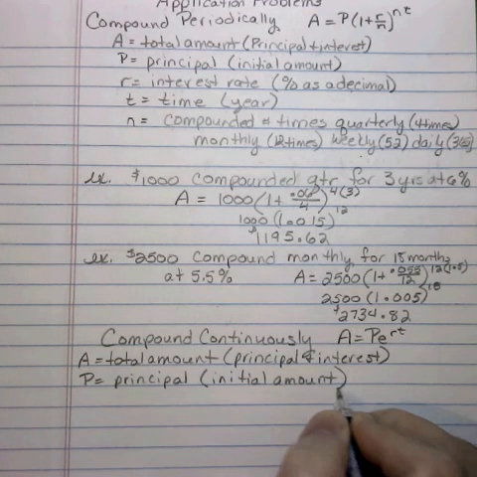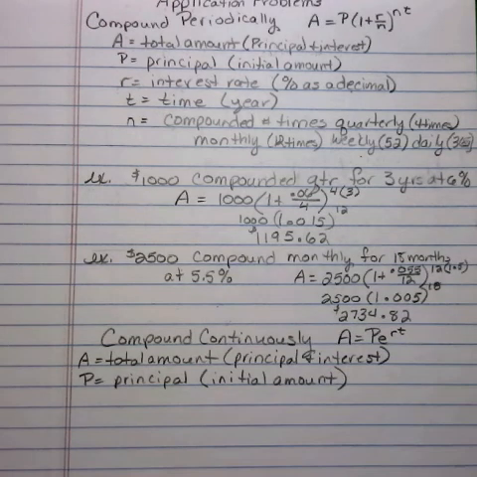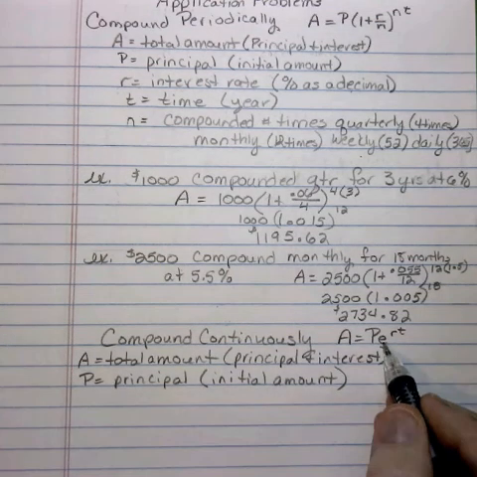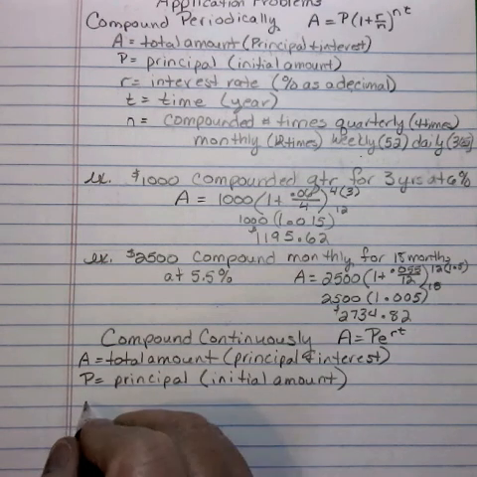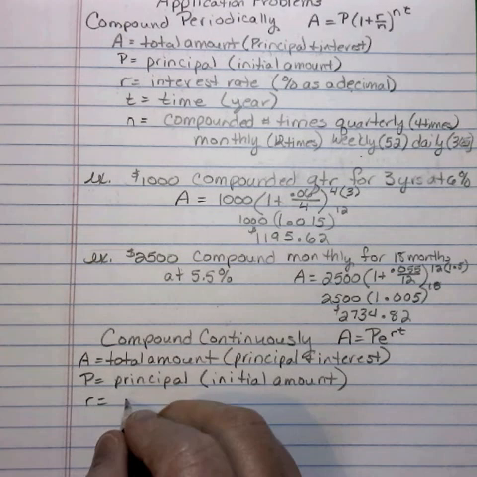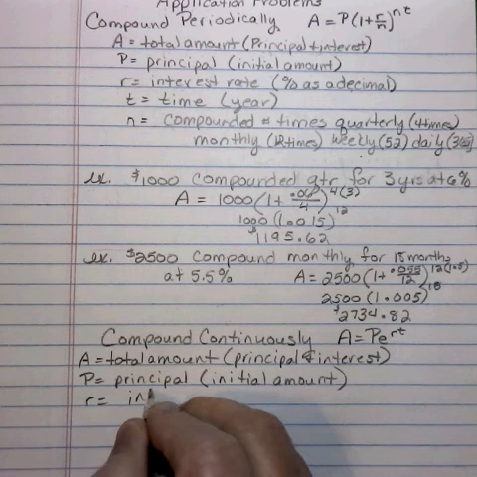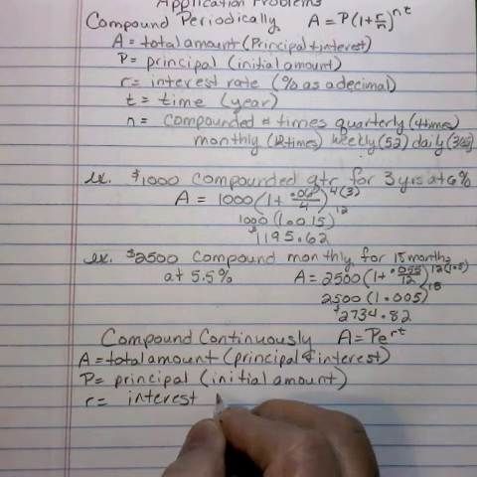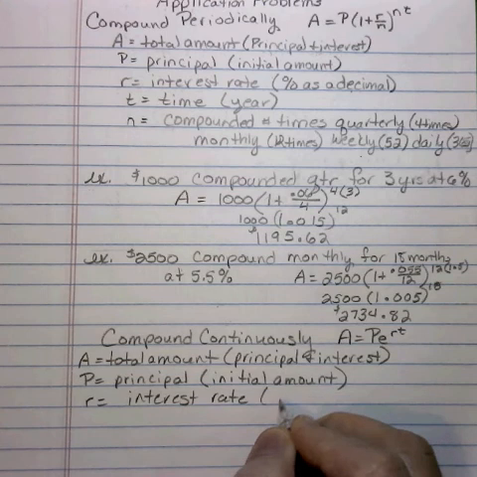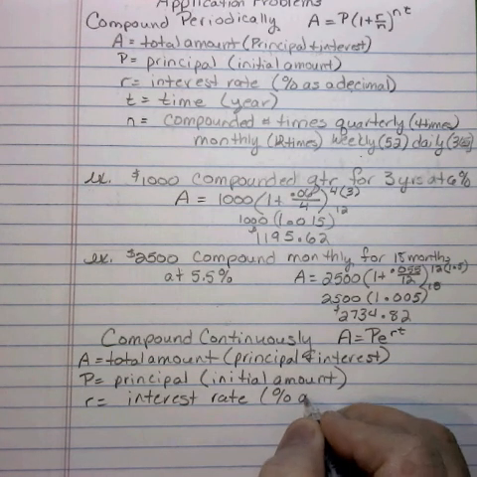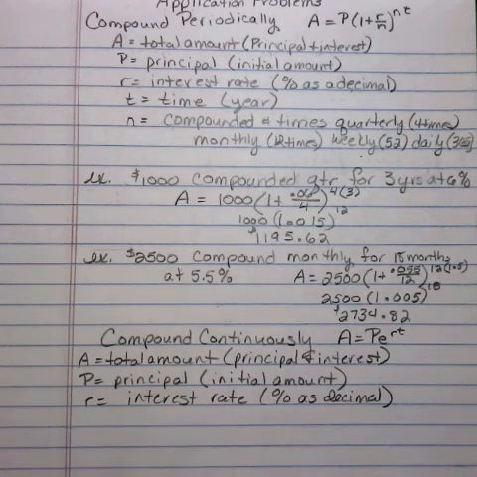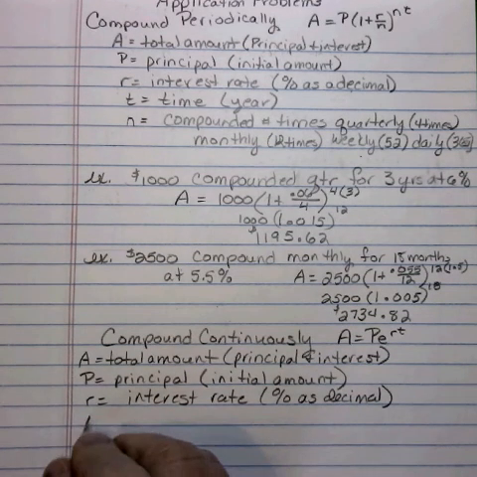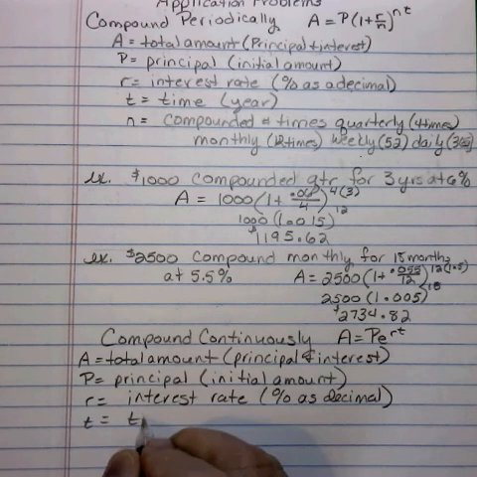Whether you're doing a loan or investment, either one would be calculated the same way. That E value is that special value that we talked about for exponential functions. The R represents the interest rate. Again, that is a percent that we're going to use as a decimal. And then the T would be the time, again, in years.